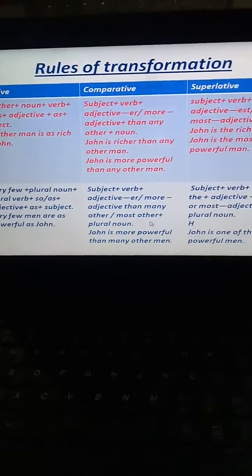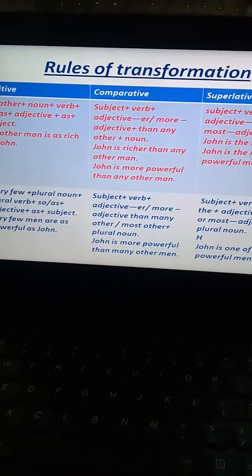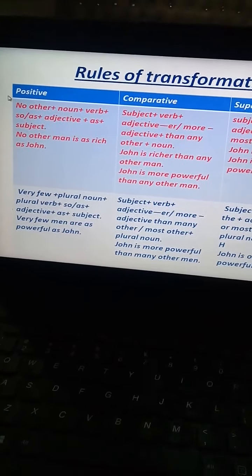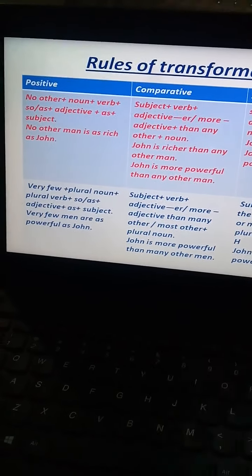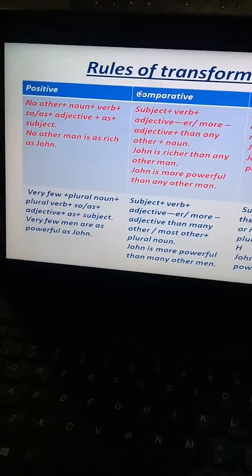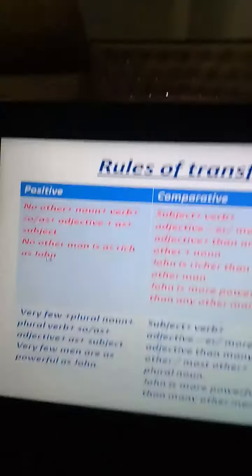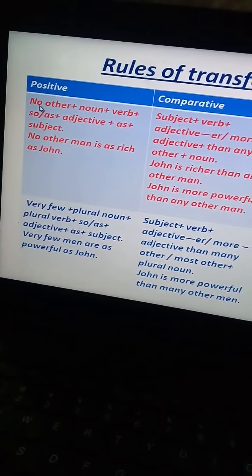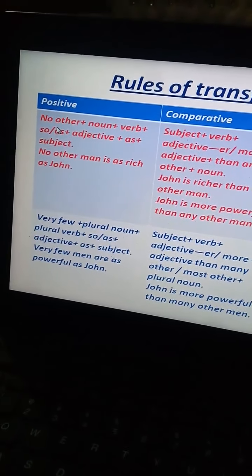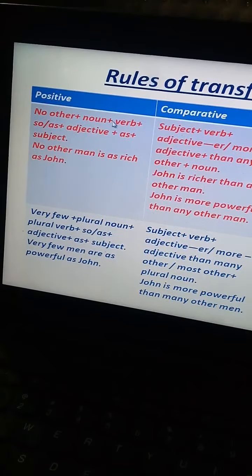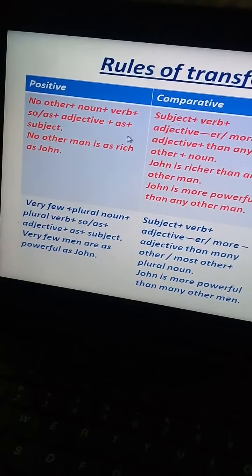Okay. Now there is a table. This table will show you the rules of transformation, or how we can change the positive degree into comparative, comparative into superlative, and vice versa. So look at the first rule. In this rule you will find that the positive degree starts with no other, with the noun, after that a verb, after this so adjective as, and after this the subject.